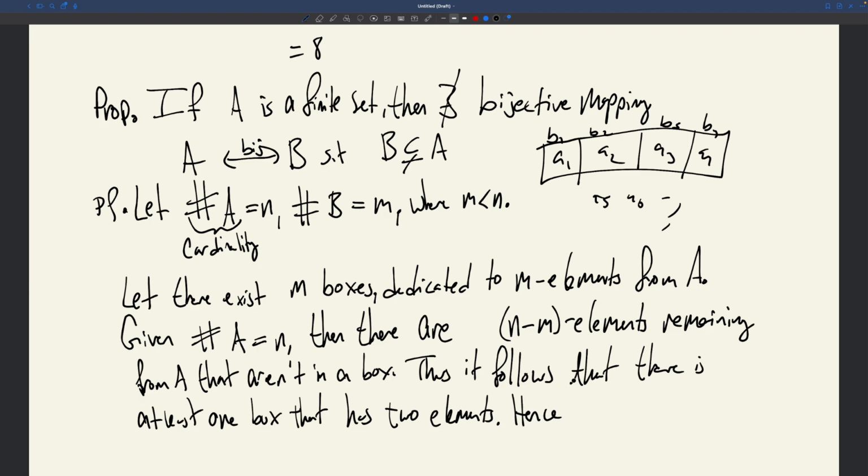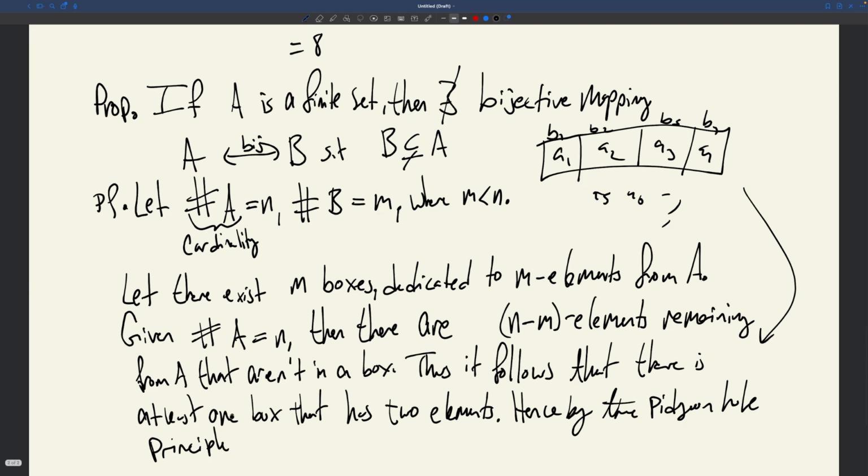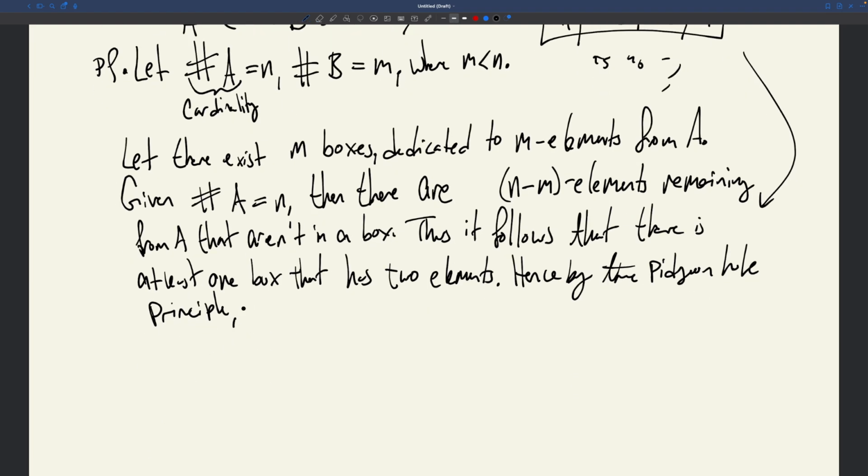Hence, by the pigeonhole principle, and this is purely what we did right here, we have a contradiction.